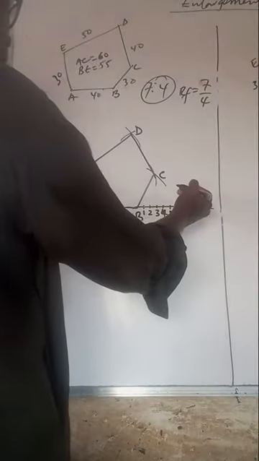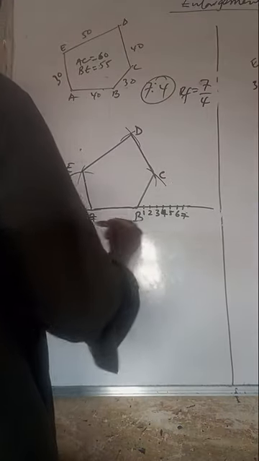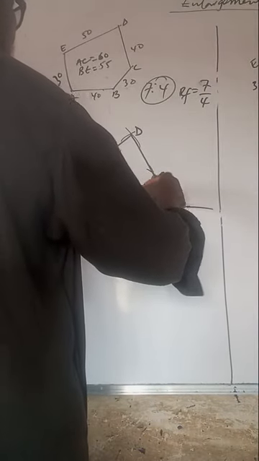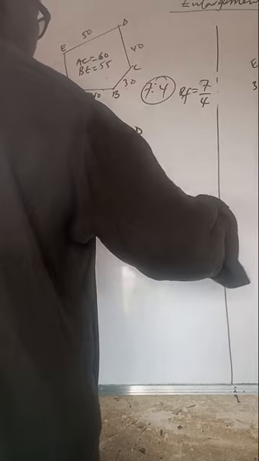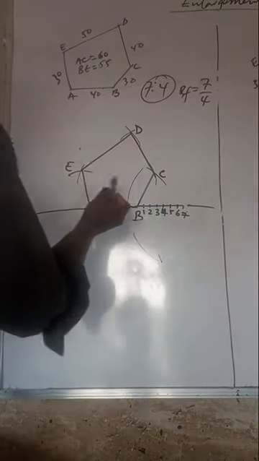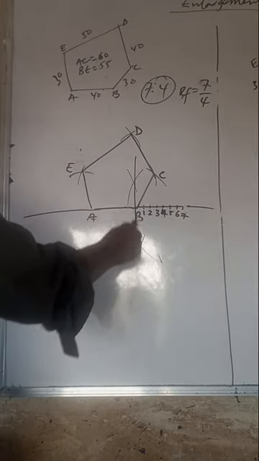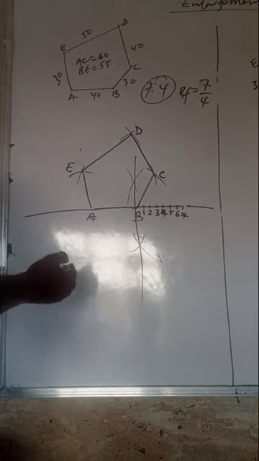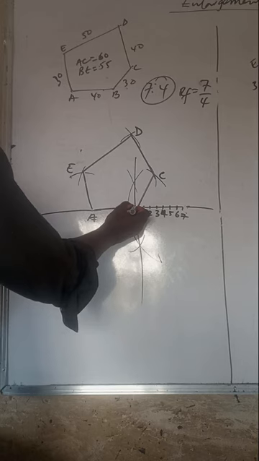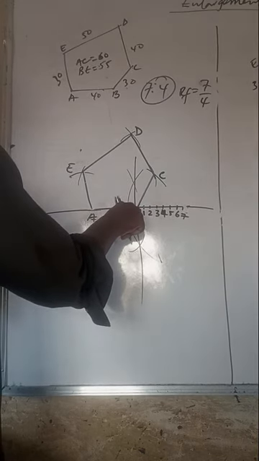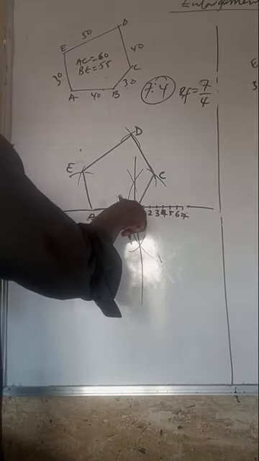So what do you do now? From 7 to 8, you bisect it. You stay here, mark arcs above and below. Then come to A, mark above and below. Then you draw this line. Where they are meeting does not mean that they are meeting at exactly B, so take note of that.